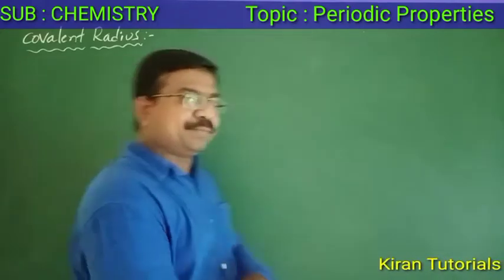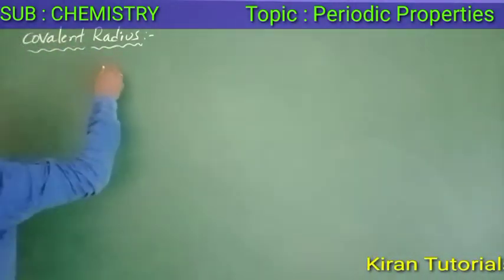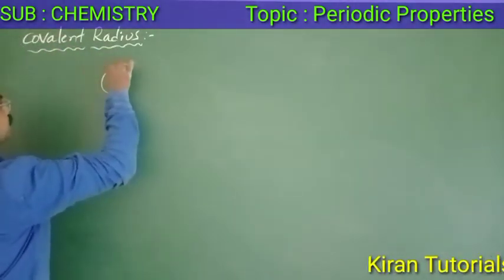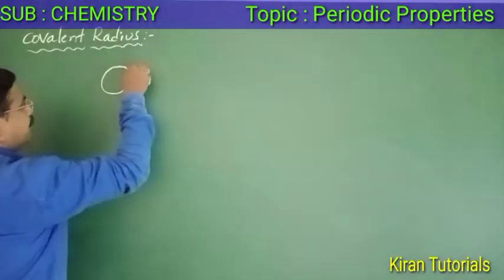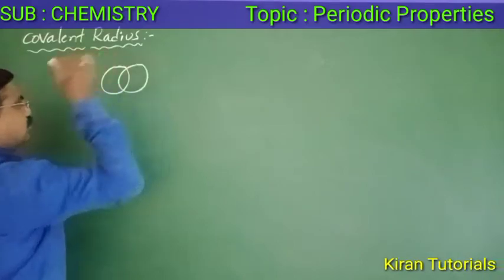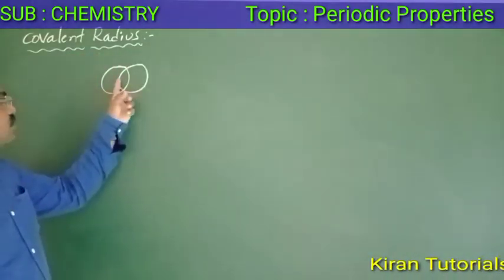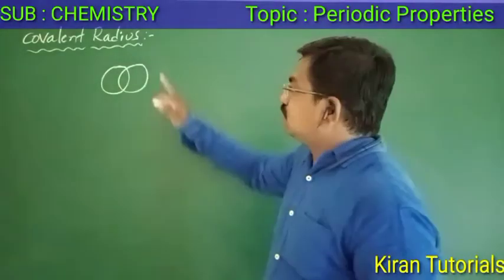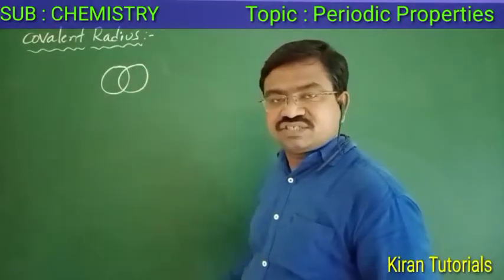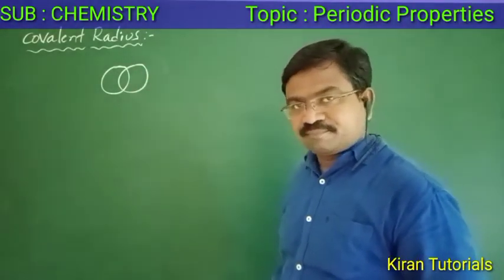Then see, for example, A atom and B atom. By sharing of electrons, the bond is formed, that is called a covalent bond. Clear?